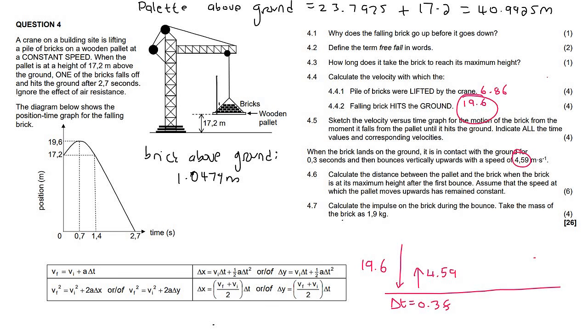And so to work out the distance between the brick and the pallet, we can then say that the distance between will be equal to 40.9925 minus 1.0479, and that gives us a final answer of 39.94 meters.